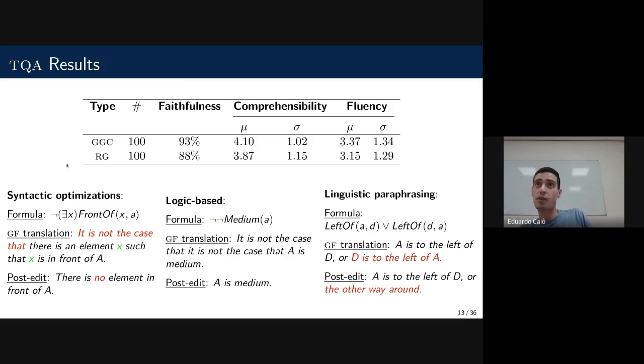The first one is syntactic optimizations. The translations given by the system could be improved by working a little bit more on the syntax of the generated text. So for example, here you can see this very clumsy linguistic structure, it is not the case that, which can't be easily injected into the sentence directly using an inward negation.